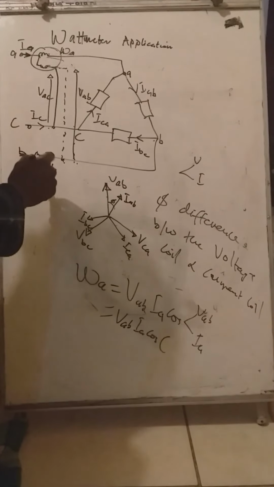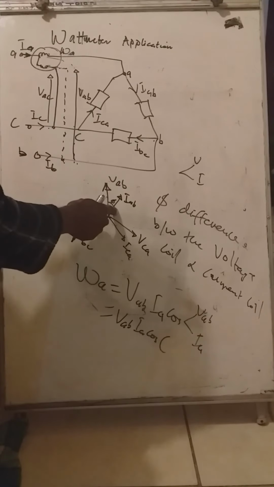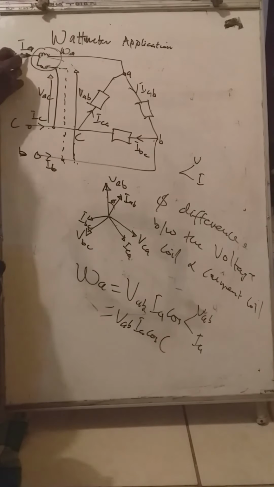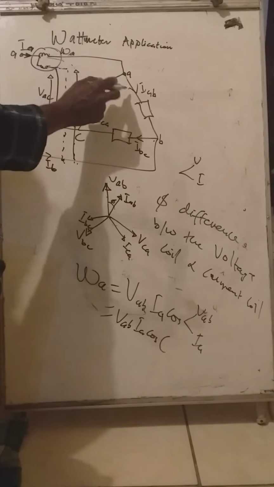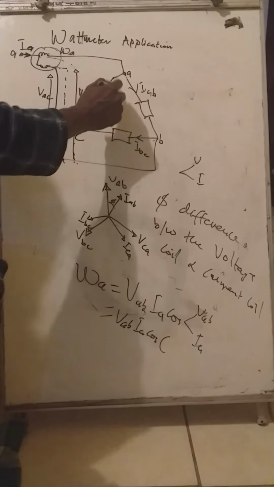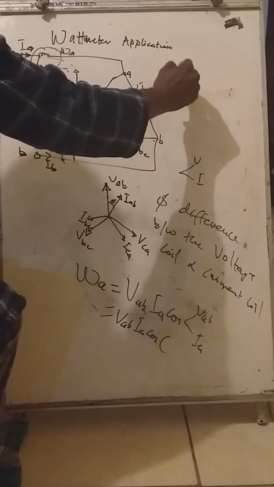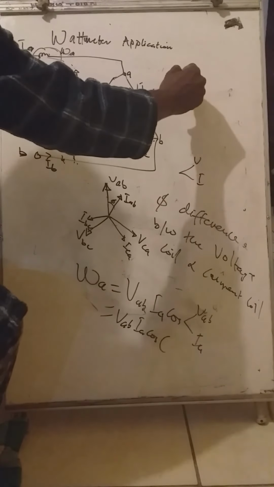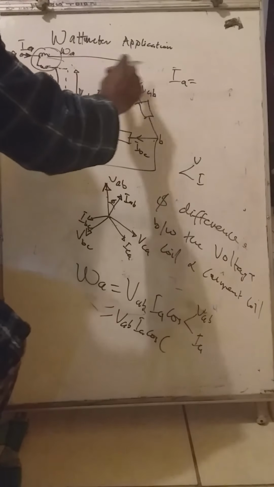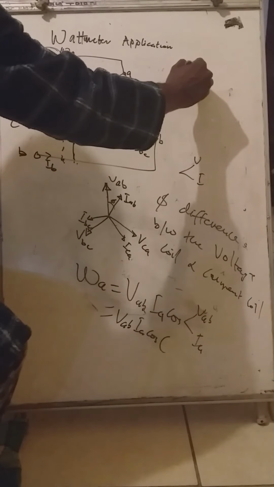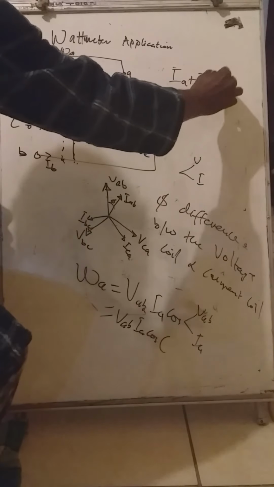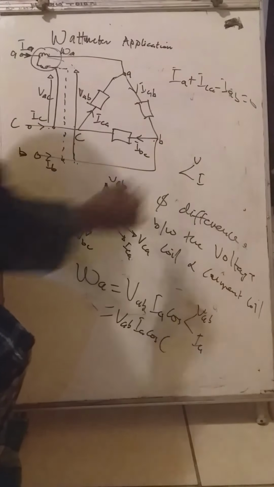So where is our IA here? We have IAB, right? Then if you look at the current IA, our IA is made up of IAB and ICA reverse. Because when we used Kirchhoff's current law, we said IA plus ICA minus IAB is equal to 0, if you still remember.